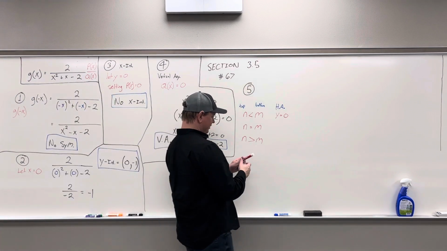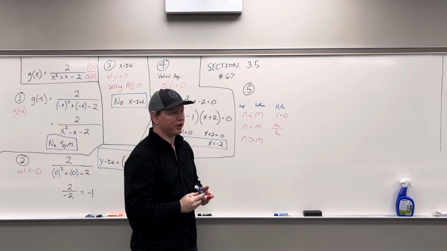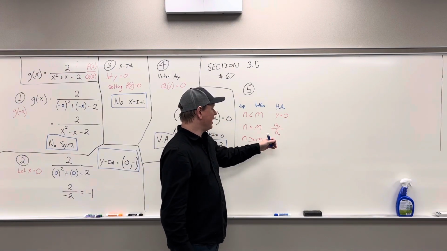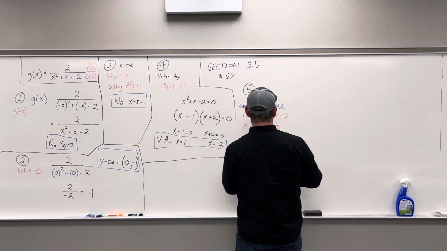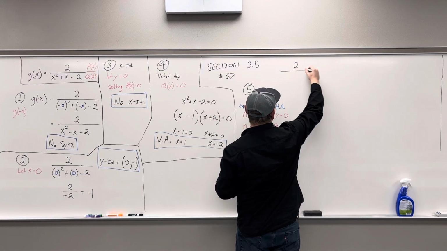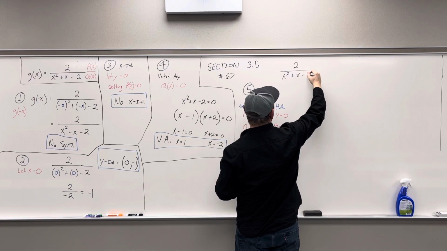we have a_n over b_n, and this is just fancy jargon saying, take the lead coefficients and make a fraction out of them. Here we have 2, and we have x squared plus x minus 2.